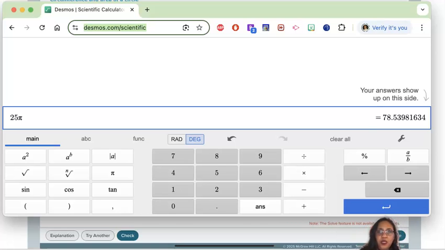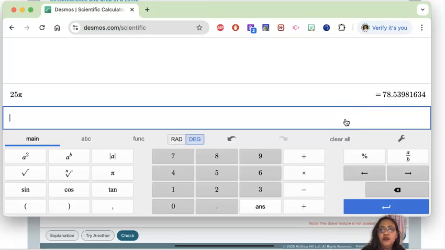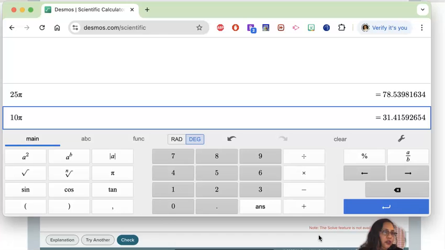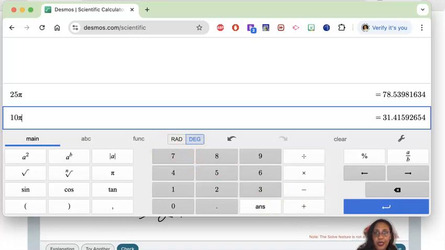That would be the approximate area. If you wanted to do the approximate for the circumference, you just type it in, and if you want to do another calculation, you would hit enter, but you can see it right there. So you have 78.54 for the approximate area and 31.42 for the approximate circumference.